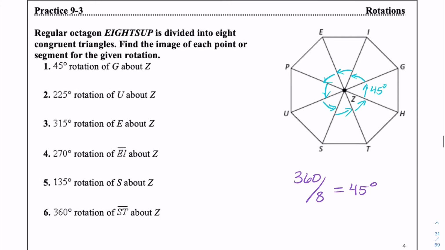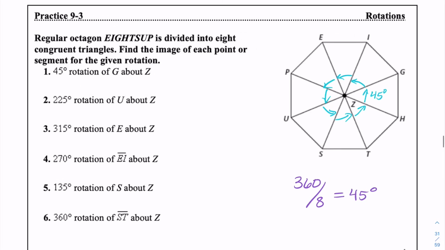So it says this is divided up into 8 congruent triangles. Find the image of each point or segment for the given rotation.